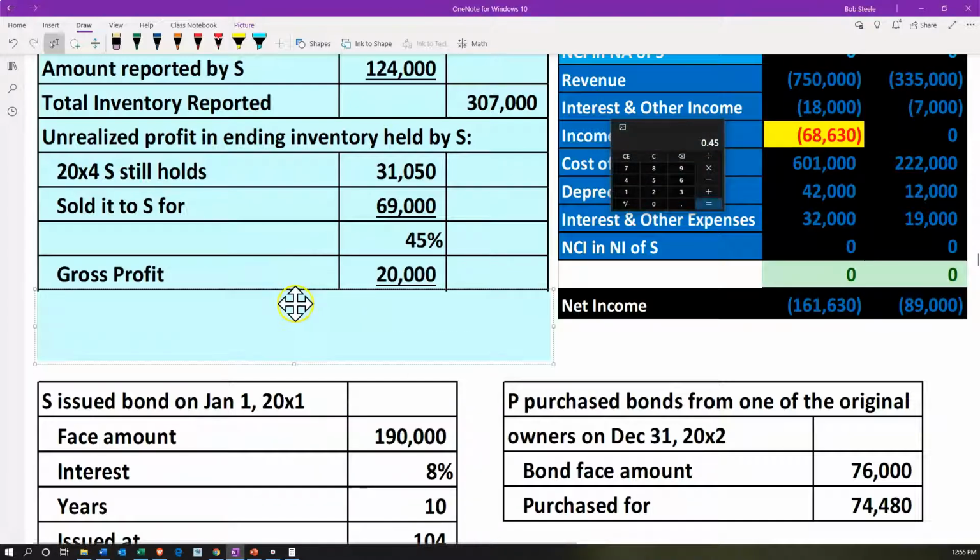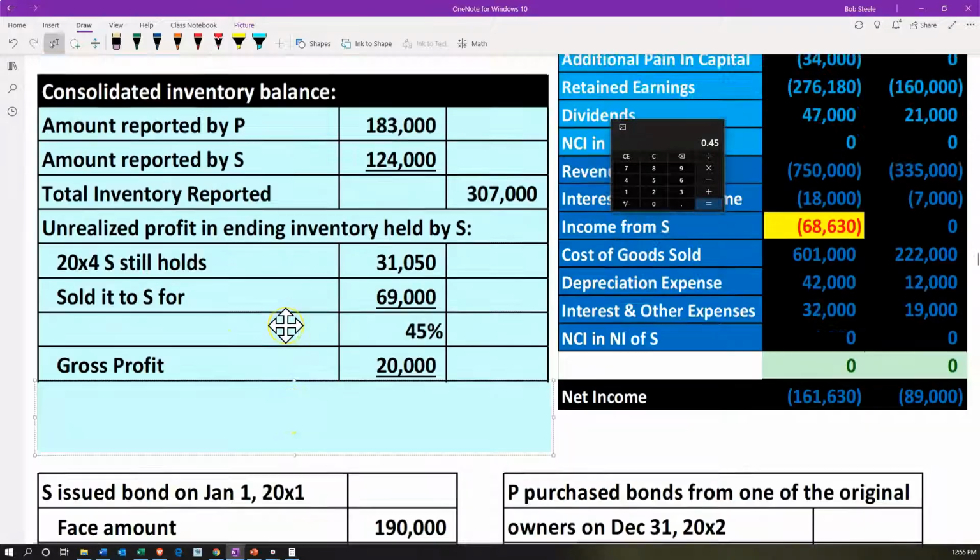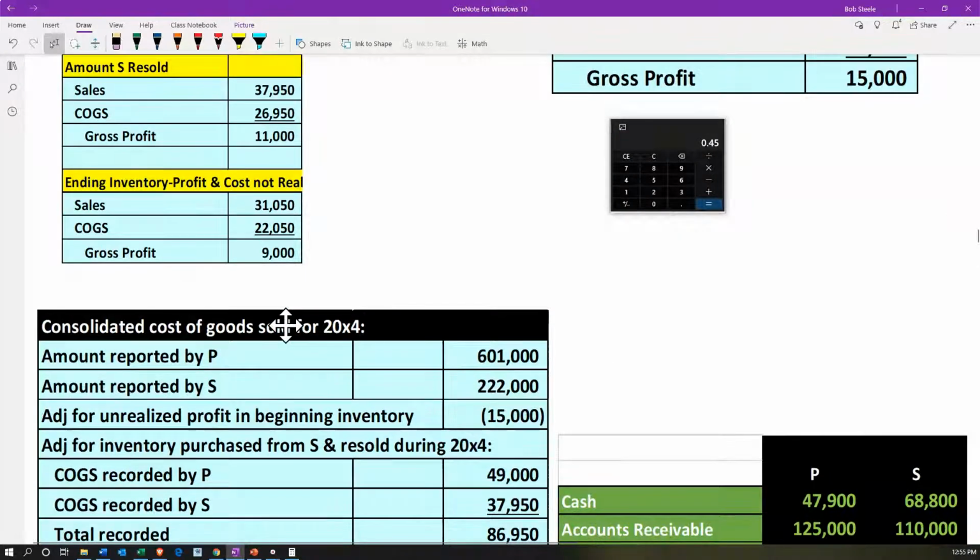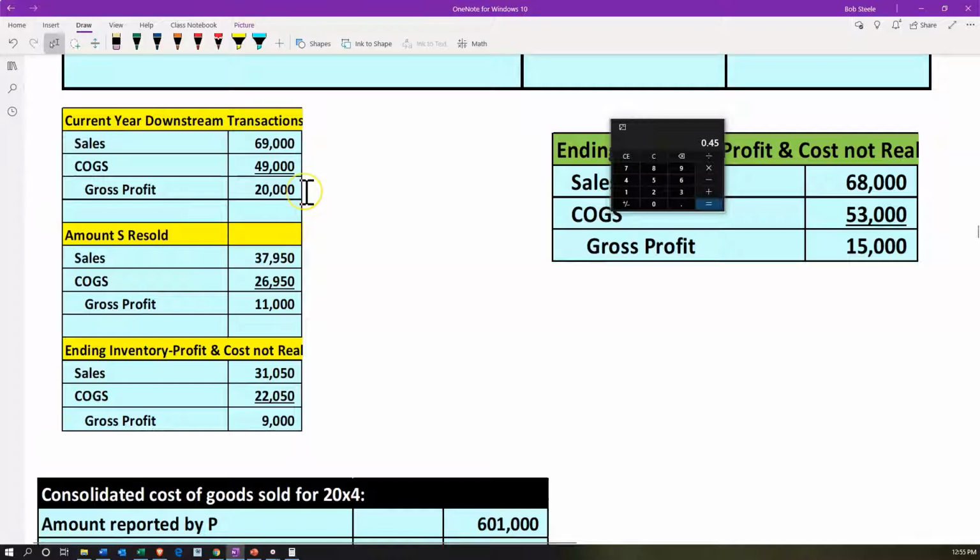We're going to take that 45% and multiply it times the gross profit, the 20,000. So the 20,000 here, that's going to be in the original sales amount, because we need to basically remove the portion of the gross profit that's included or is inside that ending inventory number.